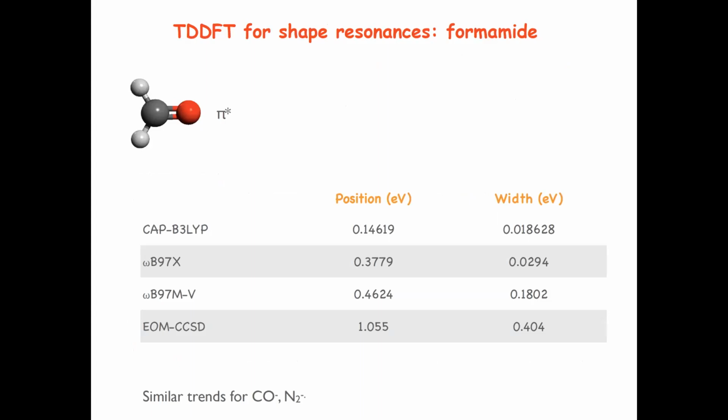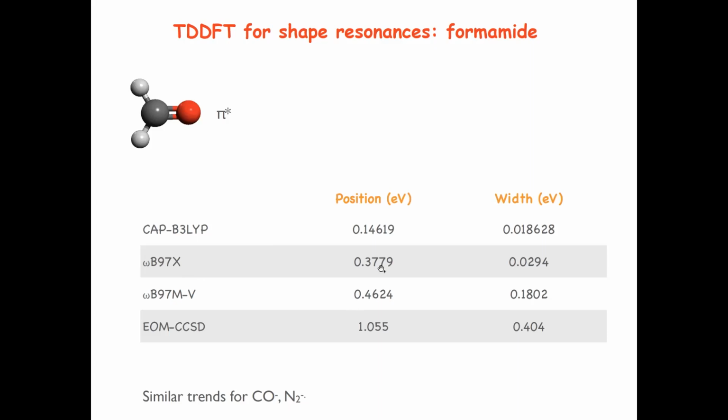And one promising candidate in terms of the computational cost would be time-dependent density functional theory. So we looked at the pi star resonance in formaldehyde with various functionals, initially with three different functionals. And what we saw is rather discouraging.